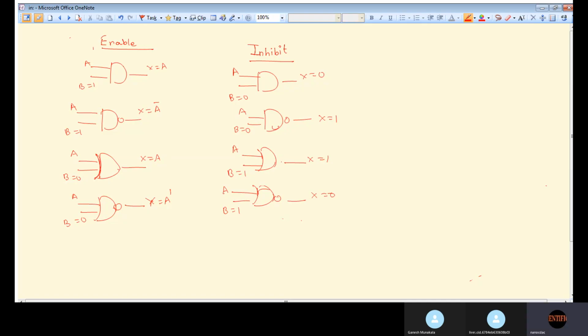In enable circuits, you can see B is controlling the output. When B is equal to 1, the output follows the input in the first circuit.